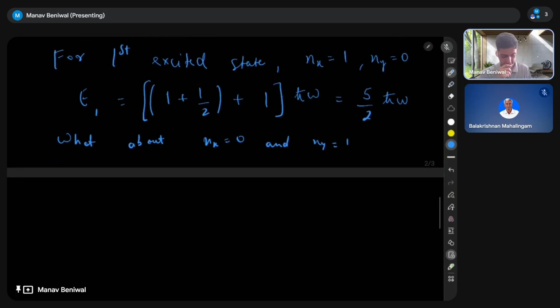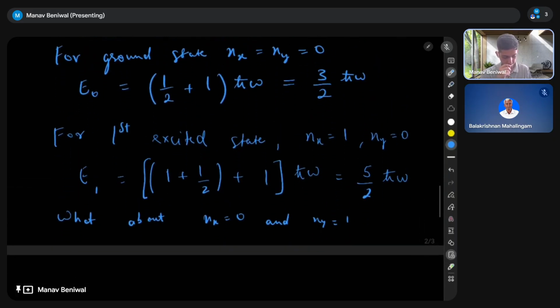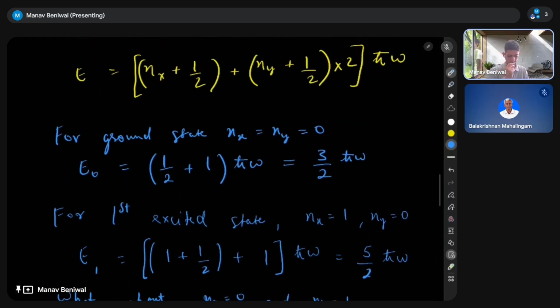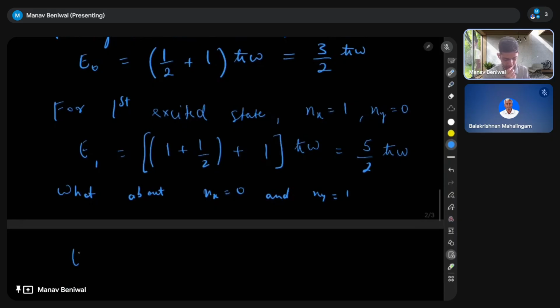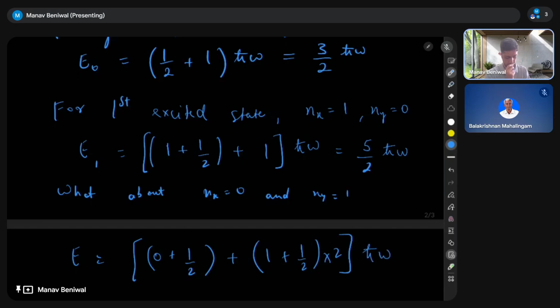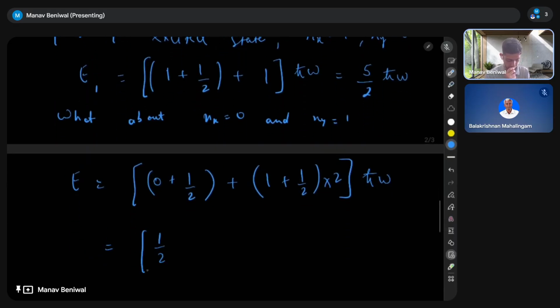So as we will see, if we put this thing in our energy equation, the energy that we will get is 0 plus half plus 1 plus half into 2 h cut omega. So this will be half plus 3 by 2 plus 3 h cut omega. So this will be 7 by 2 h cut omega.